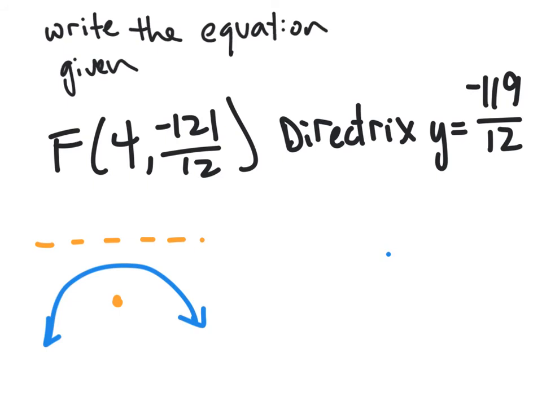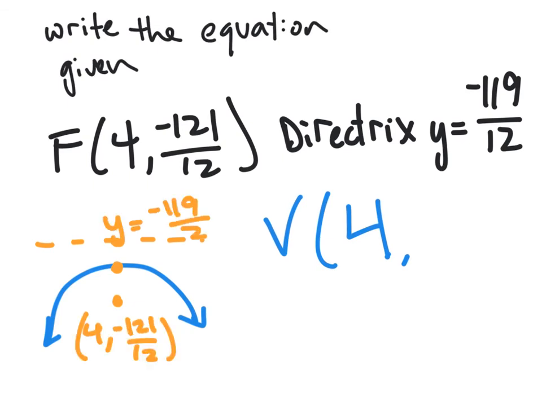But what's important to remember is that the vertex is right in between, and that the focus and the vertex have the same x-coordinate. So I at least know that its x-coordinate is 4.